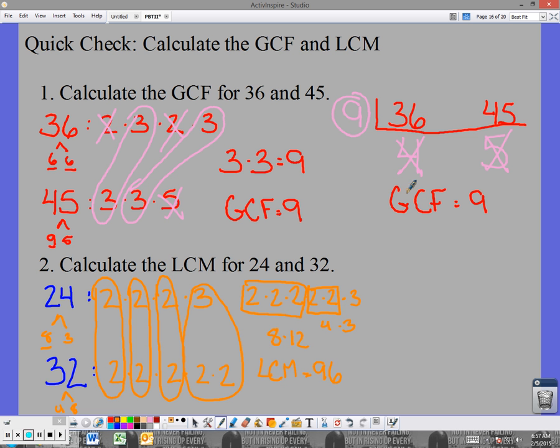I will also use this division method to find the LCM. And let's see if it gives me something similar. Now, I like to find the biggest factor that they both have in common. In this situation, I'm doing the numbers up top. I need to do 24 and 32.